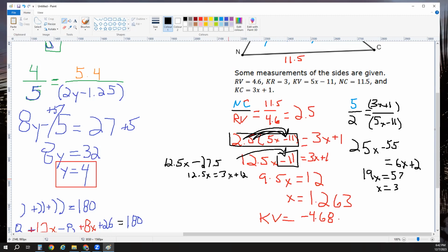Let me recompute: 12.5x minus 27.5 equals 7.5x plus 3, giving 30.5.